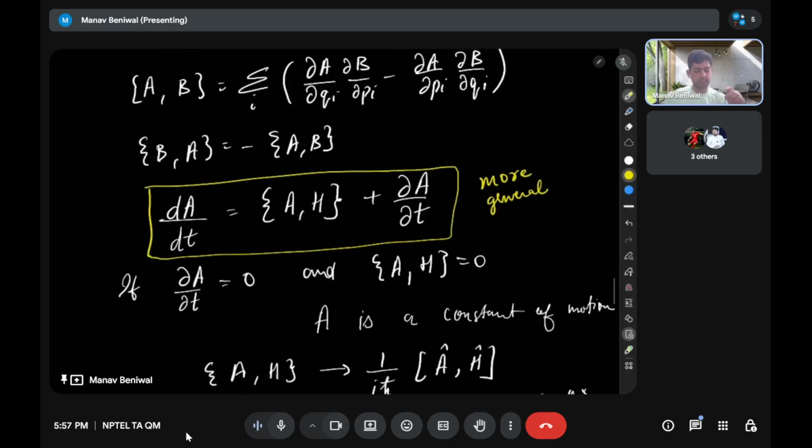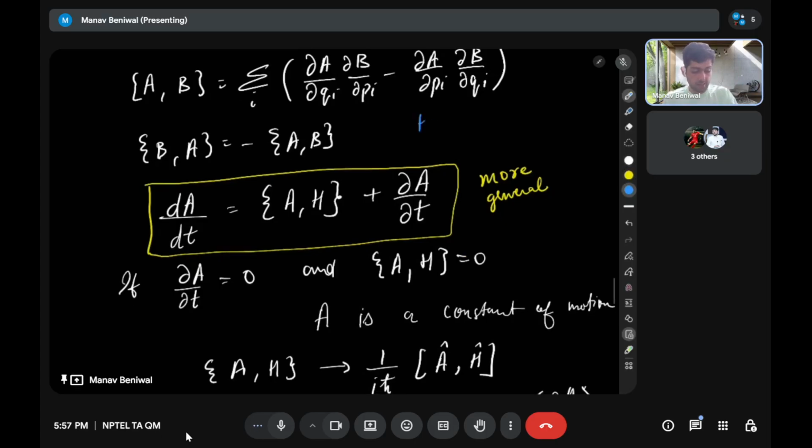Like we have considered many problems, for example the simple harmonic oscillator or a pendulum. There we know that our H is just p squared by 2m plus half m omega squared x squared.